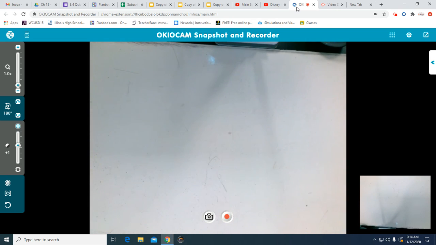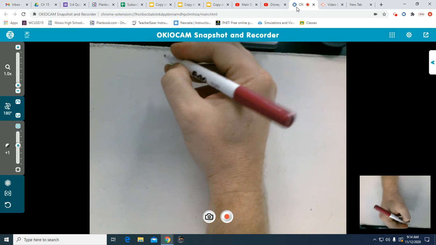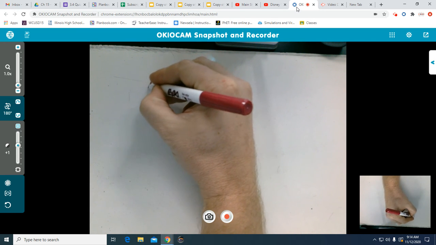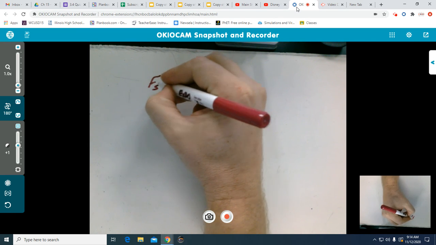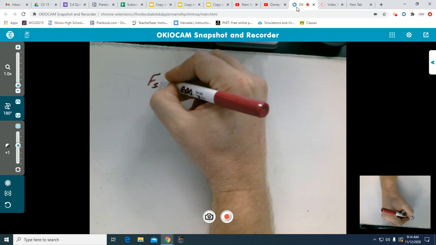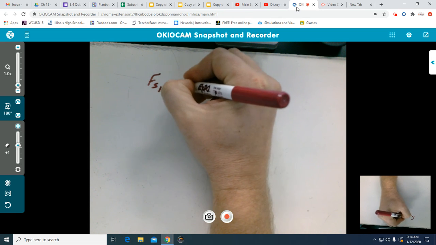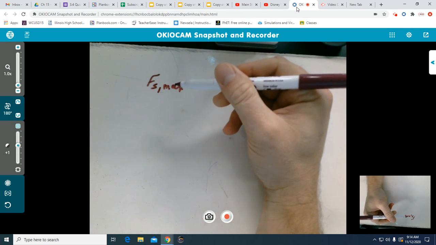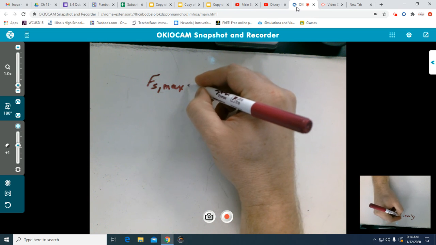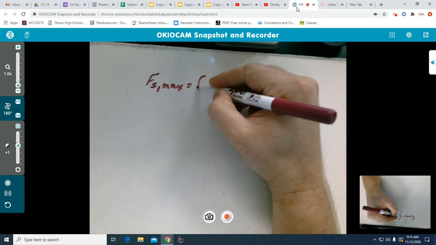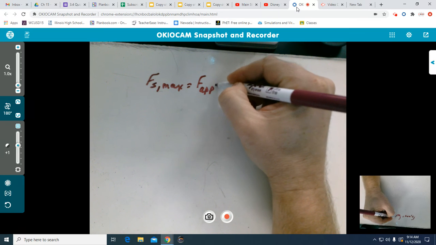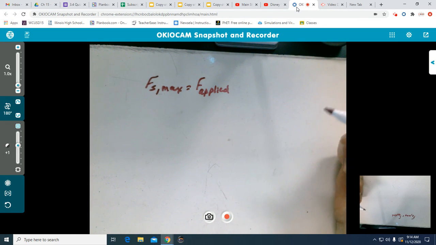All right. So, what do we know? We know that we have a force that is being applied. We just saw it called Fs max, but the book might also call it force applied. It means the same thing.